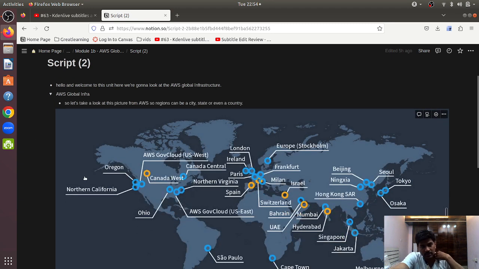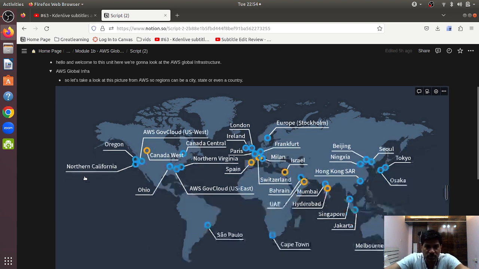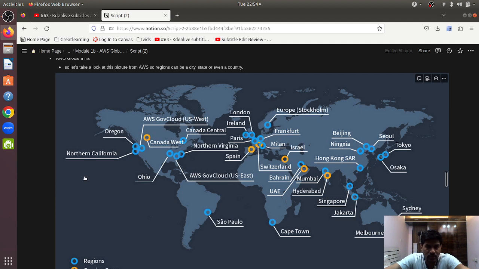So let's take a look at this picture from AWS, in which you can see various countries and blue dots and orange dots. AWS has divided their entire infrastructure into regions. So this is one region, this is another region, this is another region.